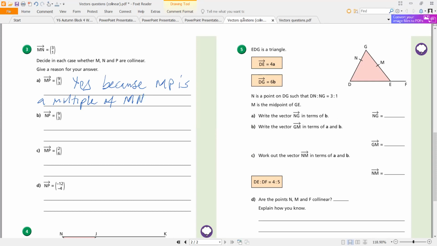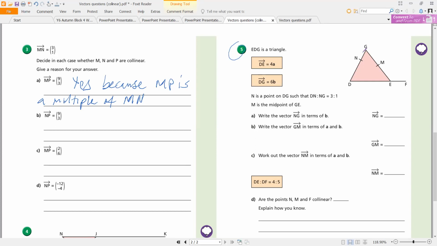The question, number 5, says EDG is a triangle where DE is 4A and DG is 6B. N is a point on DG such that DN to NG is 3 to 1. So look at this.